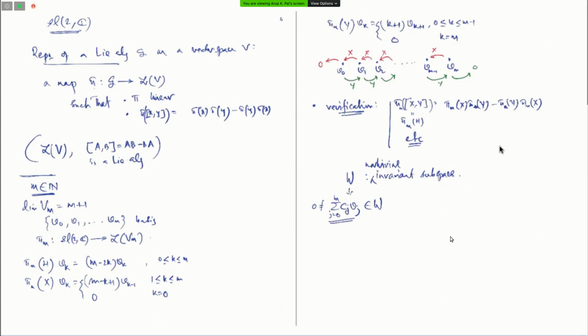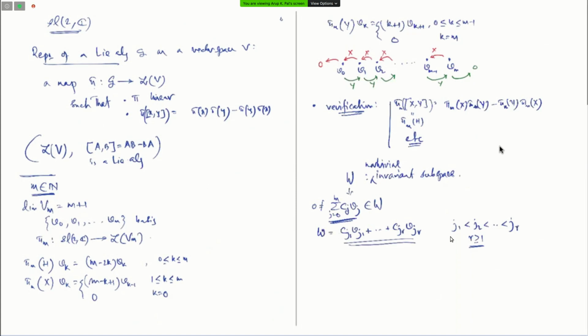So basically, how will this look like then? It would look like, if we just discard the terms with zero coefficients, and we can arrange so that this is, let's call this small w.